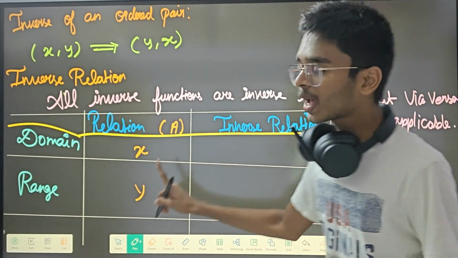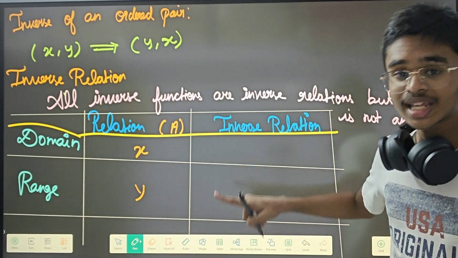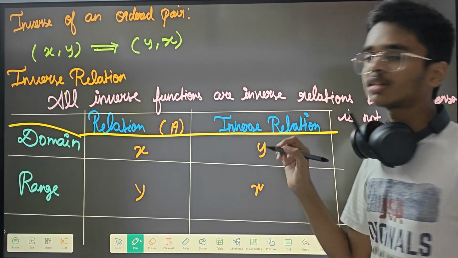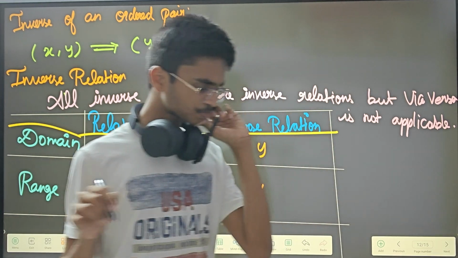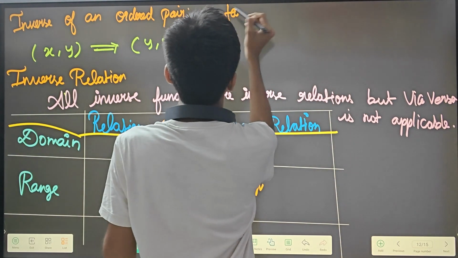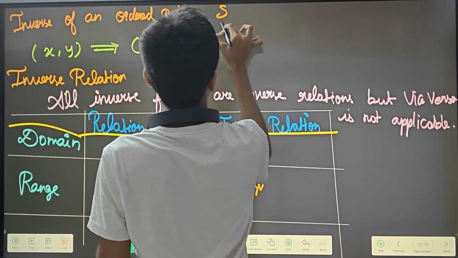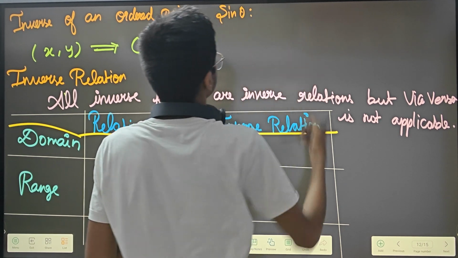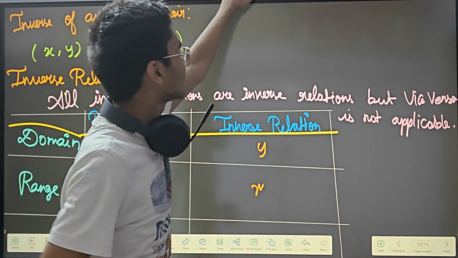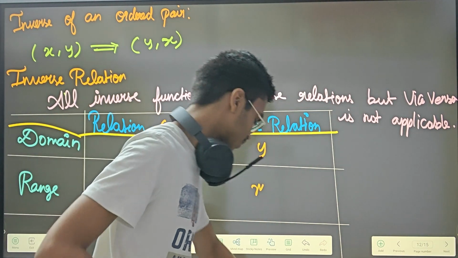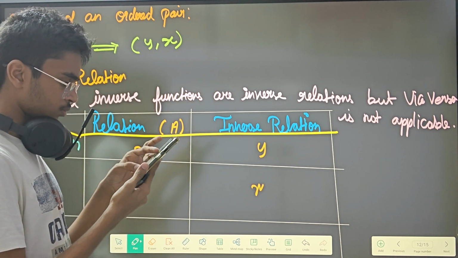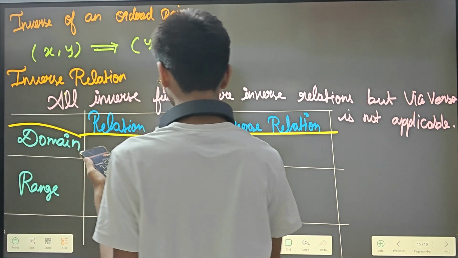That means domain gets converted into range, and range gets converted into domain. So here y, here x. For sine theta, you have to know the restricted part, so you have to know inverse trigonometry. I'm going to give you an example.